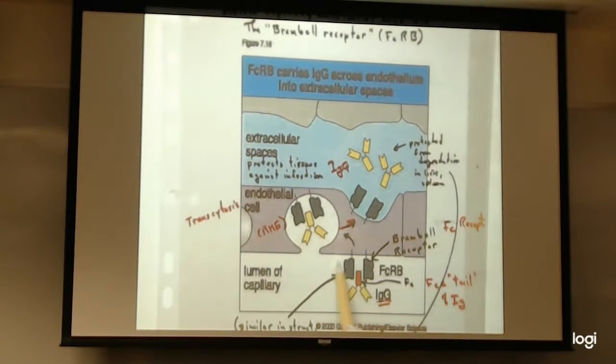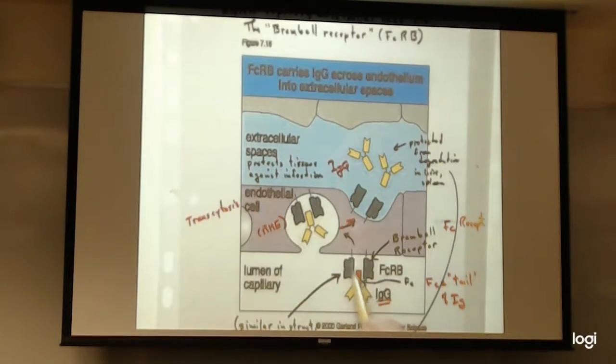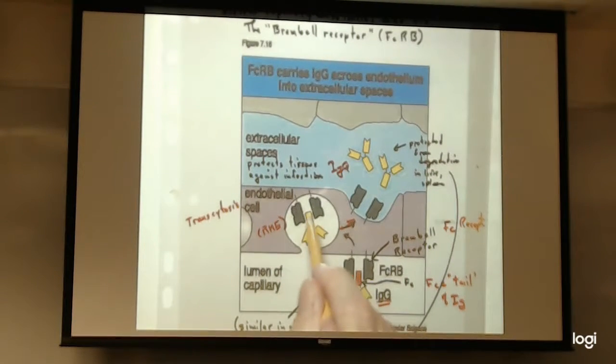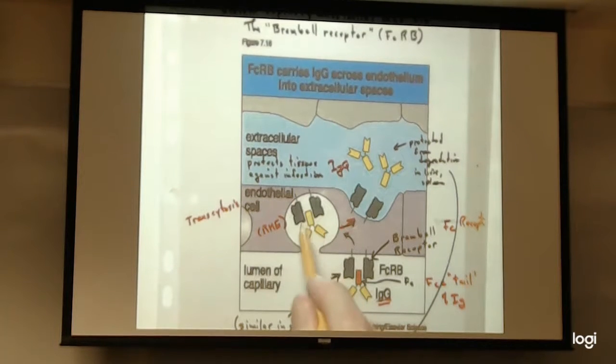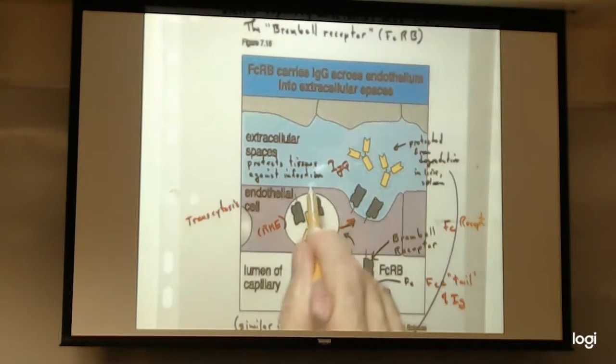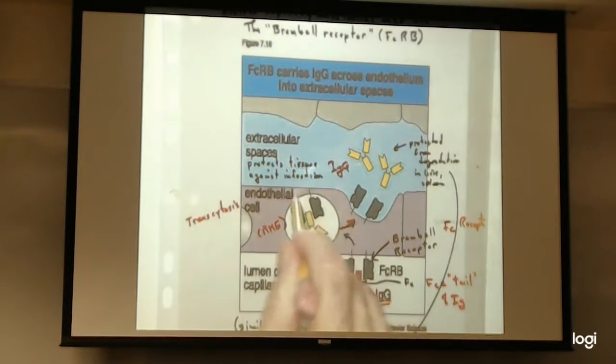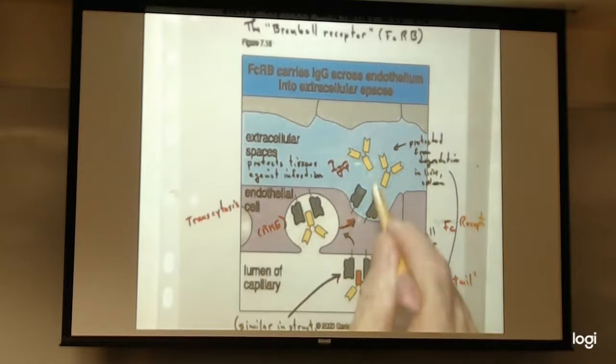It does an endocytosis event to bring this complex into the cell in the form of an intracellular vesicle, and that intracellular vesicle travels across the cell to the other side of the cell, where it then fuses with the membrane to do exocytosis.